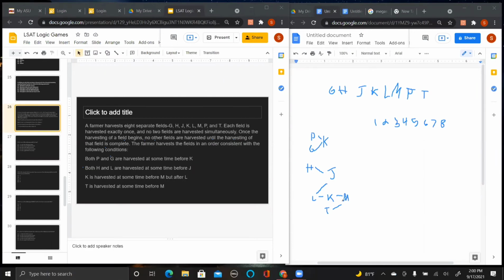And then we know that P and G are before K. So actually, I'm going to need this eraser a little bit more just to make some space. So T starts at before M, and P and G are before K. That looks like a D, it's a P. Give me 1 second, I'll add a little stick to it.